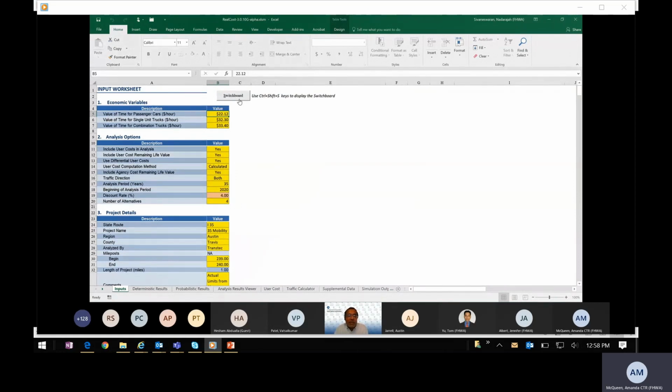Again, the reason RealCost is on an Excel platform is that we provide the opportunity for agencies to customize it. Particularly if you are adopting probabilistic analysis, you can use bid item level variability.